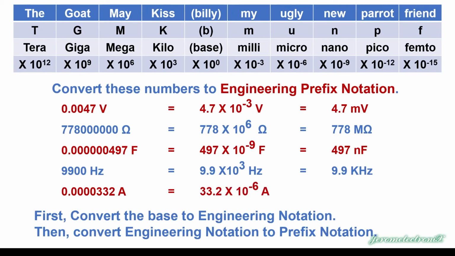Since we moved the decimal 6 places to the right, we went down 6 values from 0 to 33.2 times 10 to the negative 6, which is equivalent to 33.2 microamps.